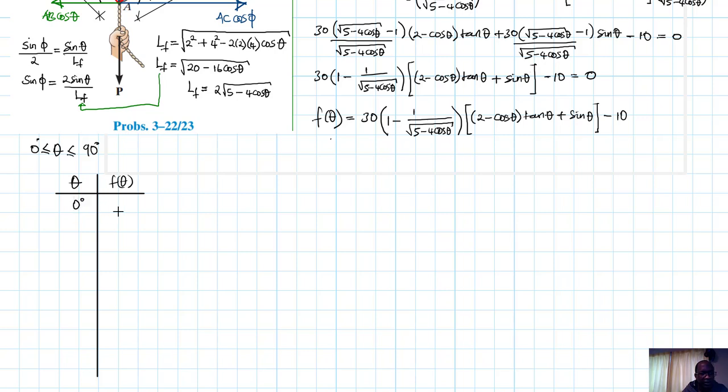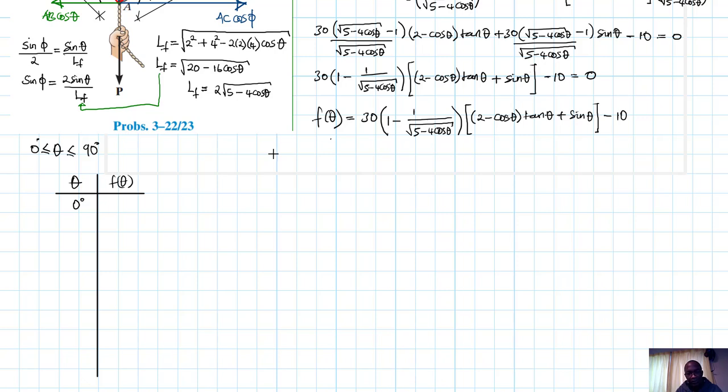So when theta is equal to 0, what happens? We have to plug in this. I need another calculator for averages, so let me use this for averages. Then I'll need to plug this formula once and for all in my calculator.